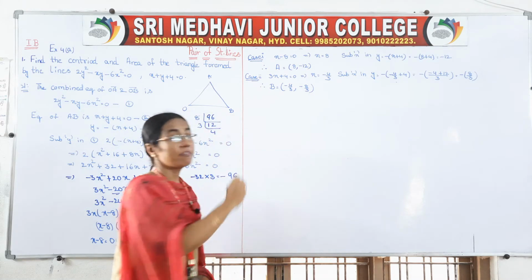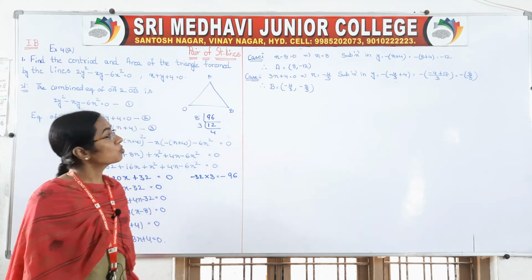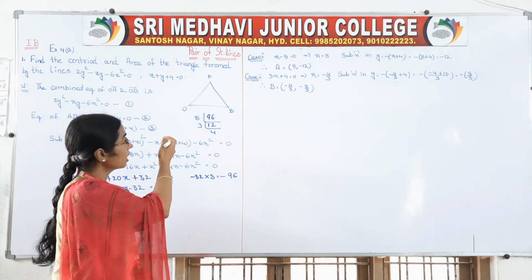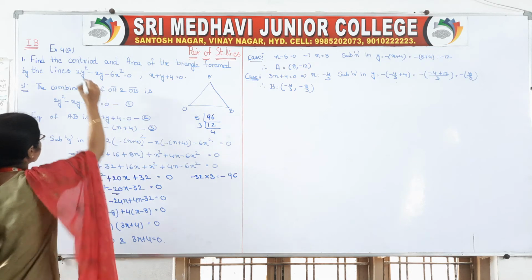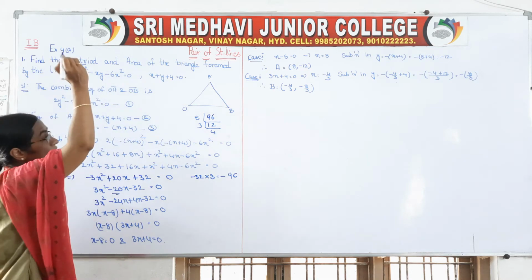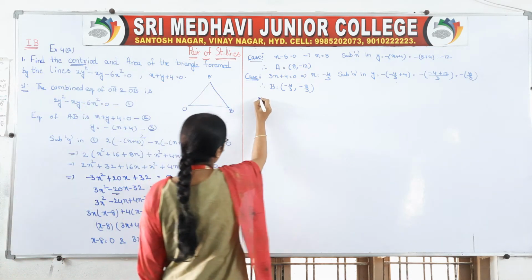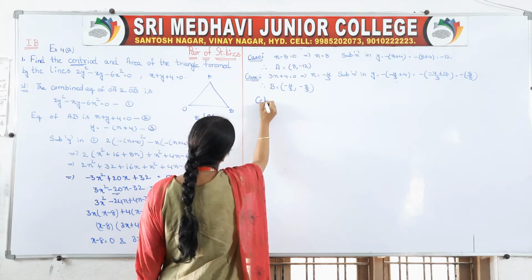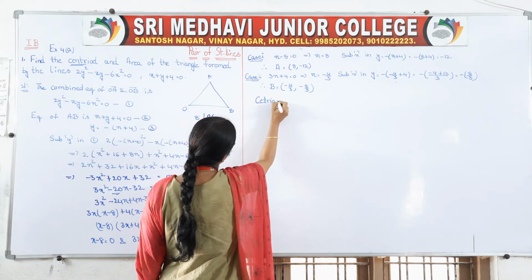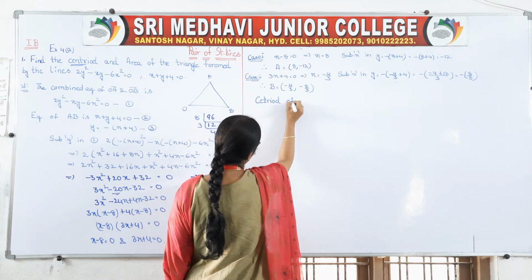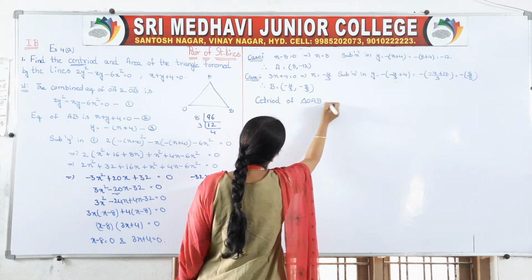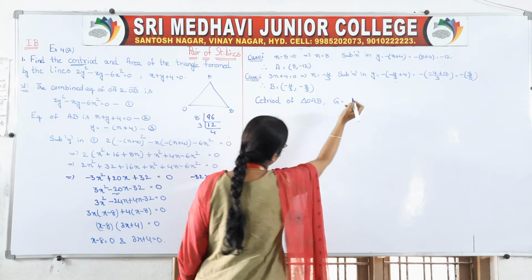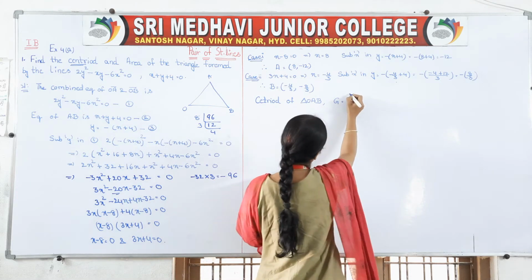Okay, we got the A value and B value. So after getting these, we know the origin is 0, 0, and we have to find the centroid. First we have to find the centroid. Therefore, centroid of which triangle? Centroid of triangle OAB, and the centroid is denoted by G. And what is the formula?